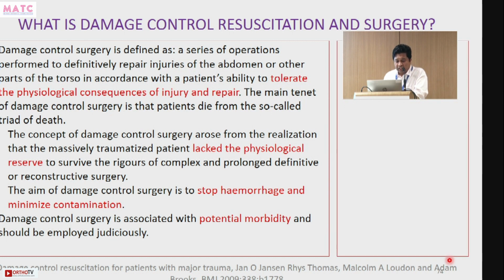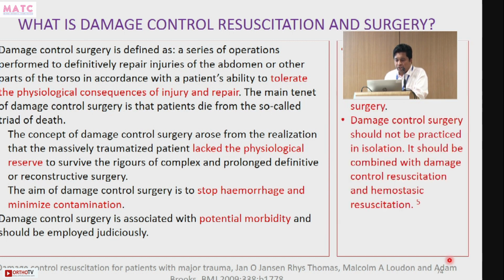I will not go into details of this, but the take-home message is damage control surgery should not be practiced in isolation, and it should be combined with damage control resuscitation and hemostatic resuscitation to get a good outcome. So you have to parallelly resuscitate this patient, prevent the lethal triad of trauma, and then go for damage control surgery.